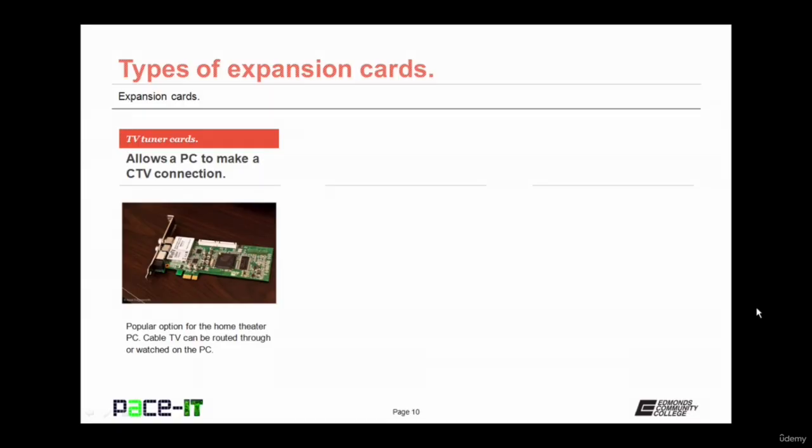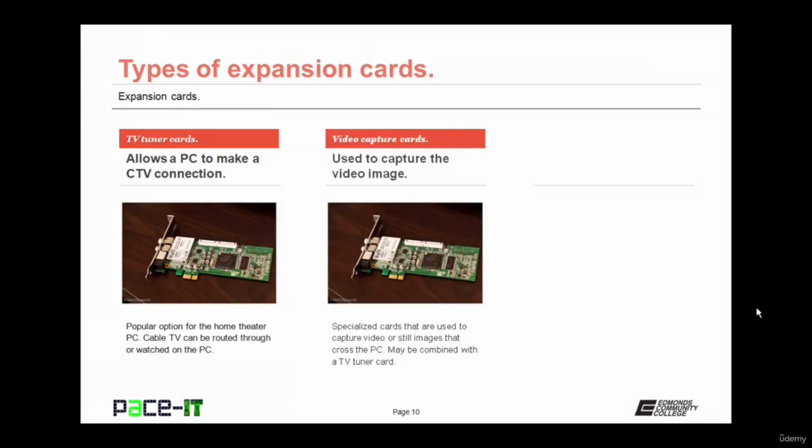This is a popular option for the home theater PC. Cable television can be routed through or watched on the PC. Video capture cards are used to capture video images. Specialized cards are used to capture video and/or still images that cross through the PC, and they may be combined with a TV tuner card.